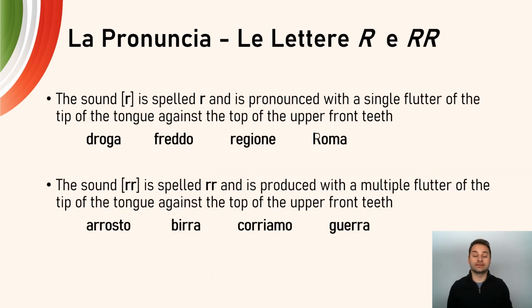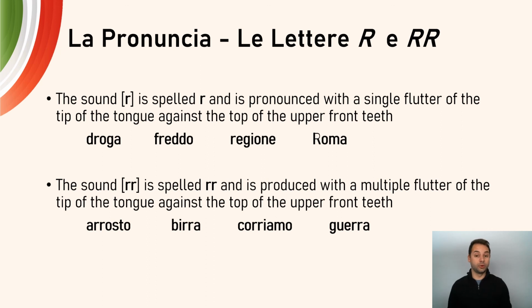What about le lettere R e R, the double R? So the sound of the regular R by itself is pronounced with just a single flutter, where the tip of the tongue is going toward the top of those upper front teeth. Droga, freddo, regione, Roma. Just sort of in a single flutter.